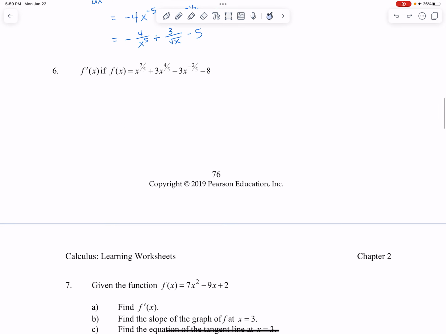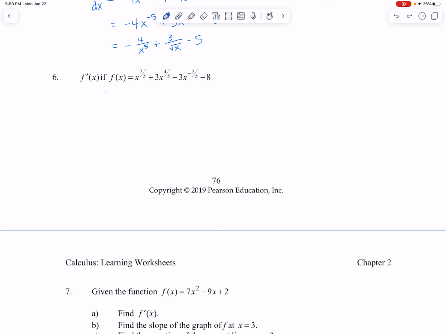All right, find f prime of x if f of x equals x to the 7/5 plus 3x to the 4/5 minus 3x to the negative 2/5 minus 8. It doesn't look like we have to rewrite anything, so we can just jump right in here.